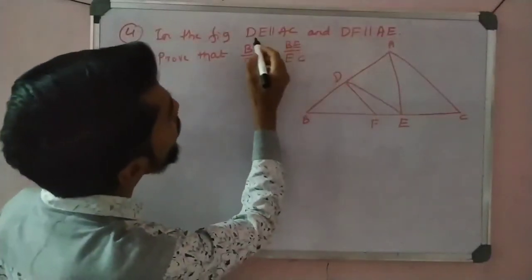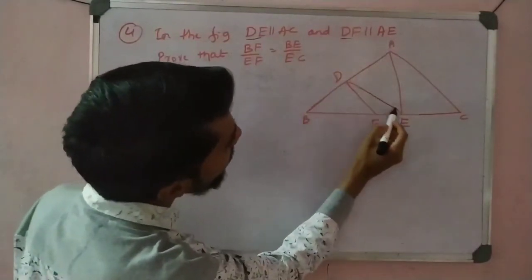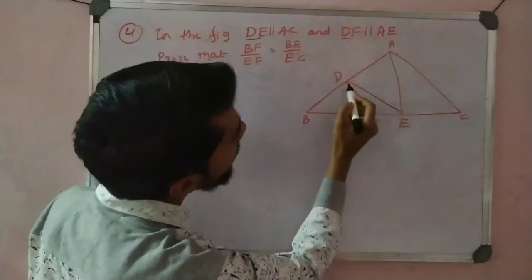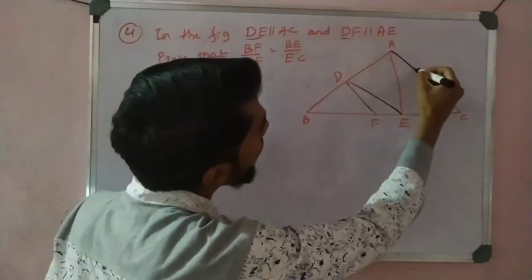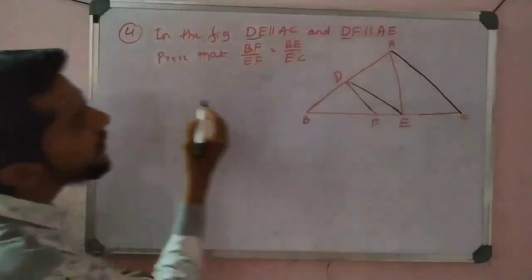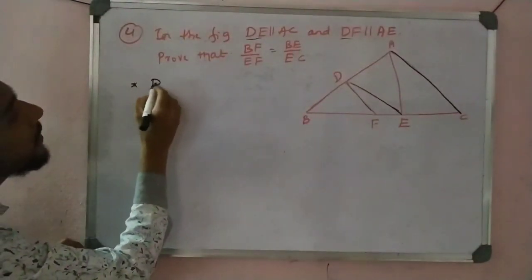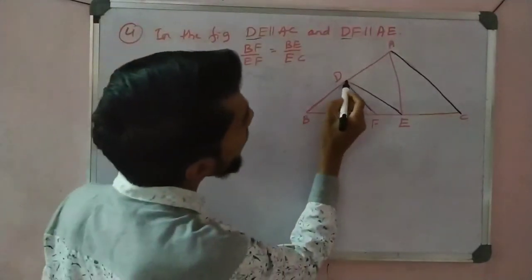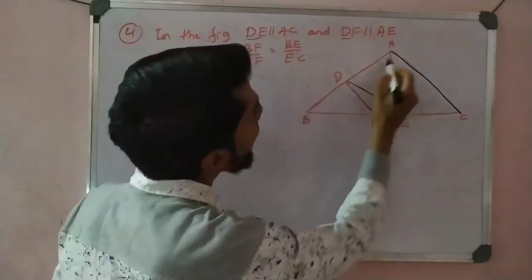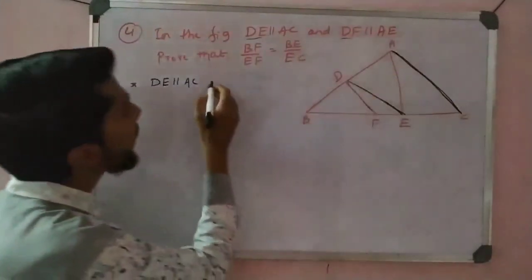First take DE parallel to AC, the first case. I can choose triangle ABC because I want C.